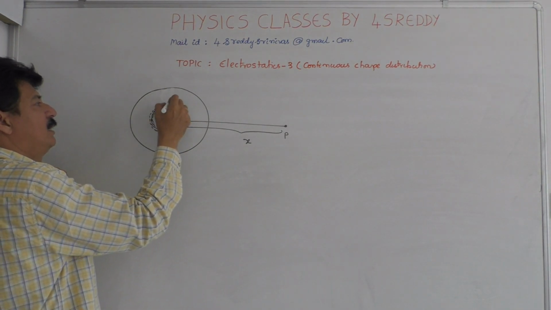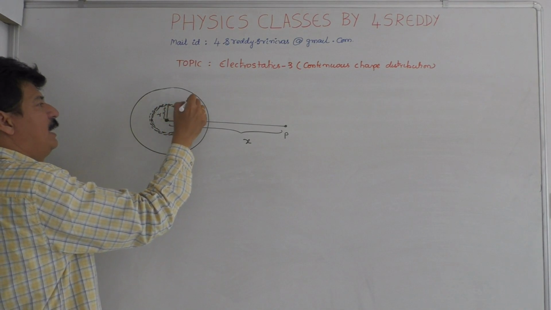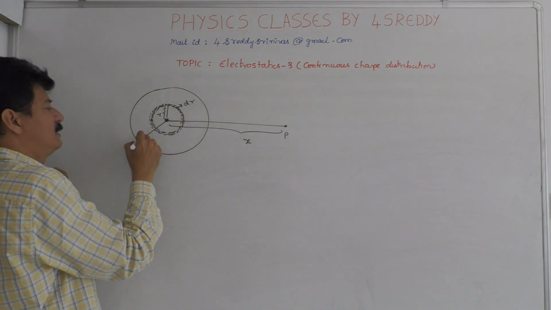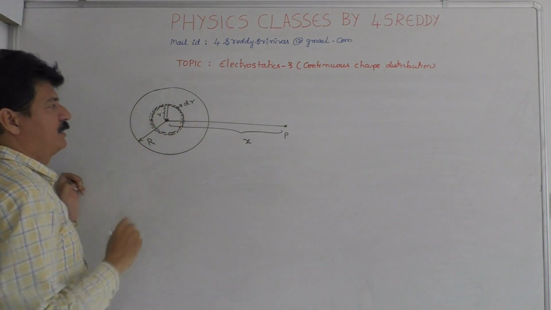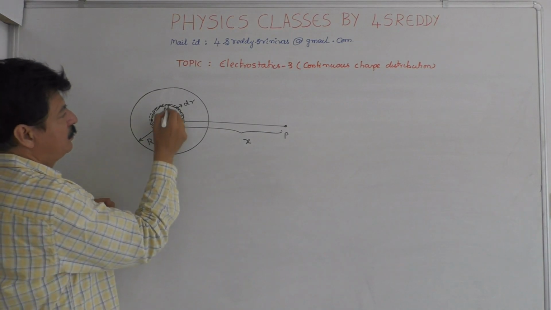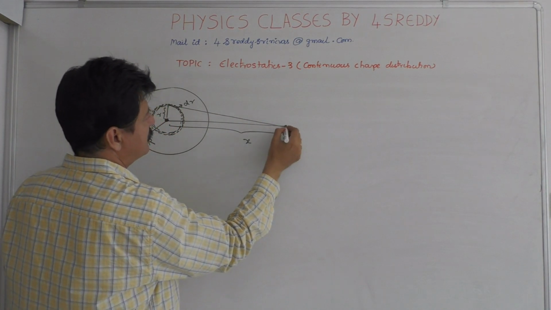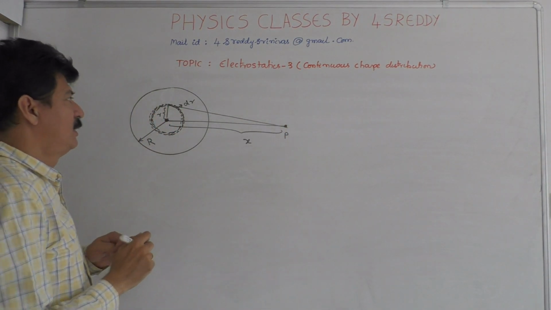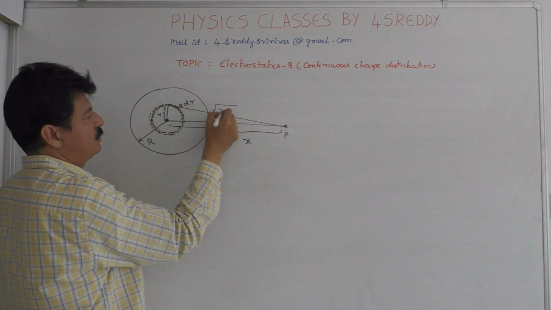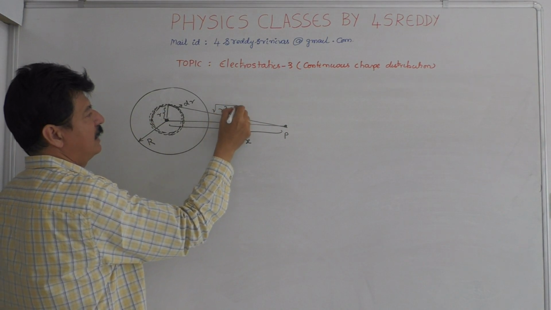Consider a circular ring of radius r and thickness dr. Let us say the radius of the disk is capital R. Now you are going to calculate the electric field intensity at this point P. If this is x, then this distance is root over r square plus x square.